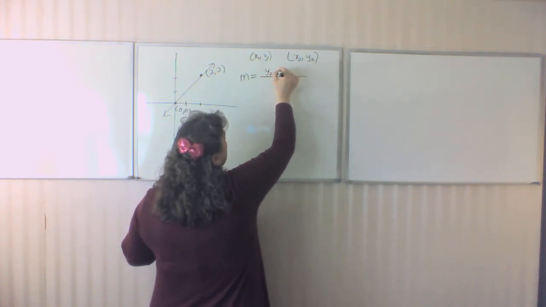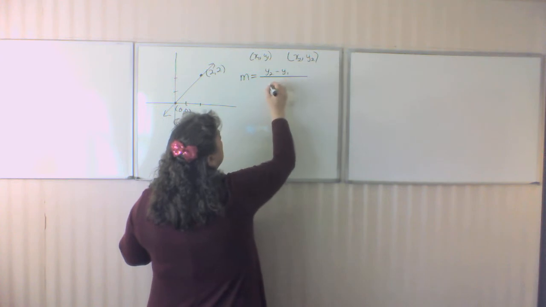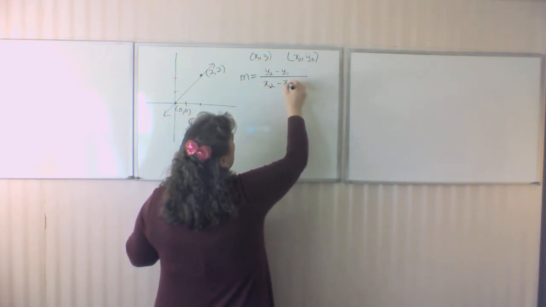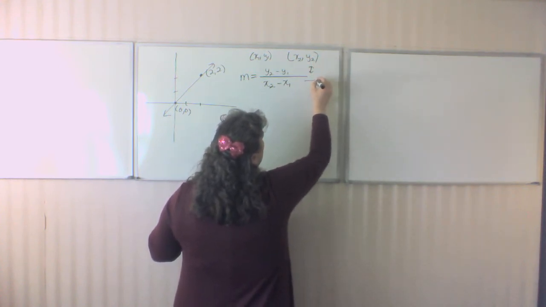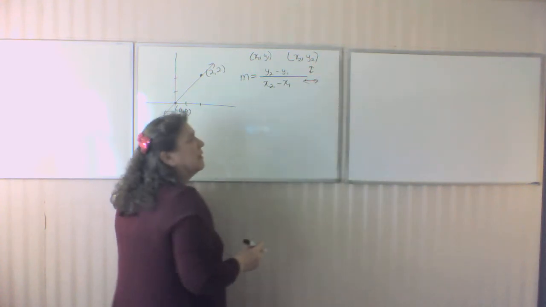Y sub 2 minus Y sub 1 over X sub 2 minus X sub 1. In other words, vertical movement, then horizontal movement.